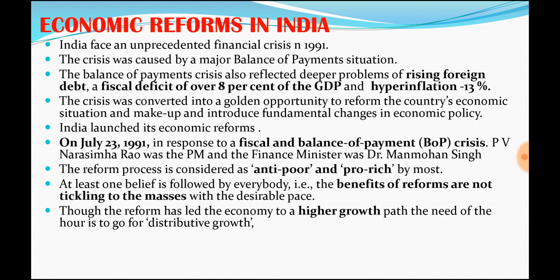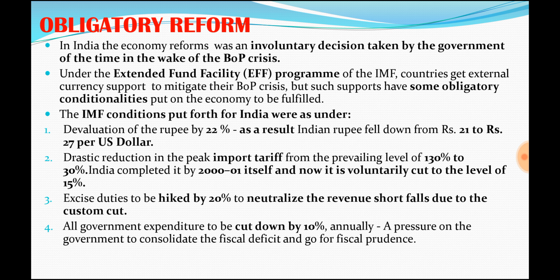In this lesson, we will learn very clearly what economic reforms India took. As I said earlier, when India went to ask the IMF, the IMF, through its extended fund facility program, offers currency support to countries to solve their BOP crisis.